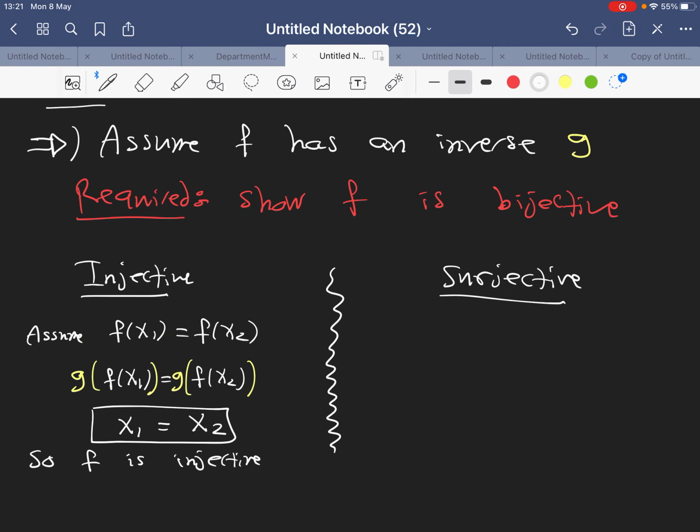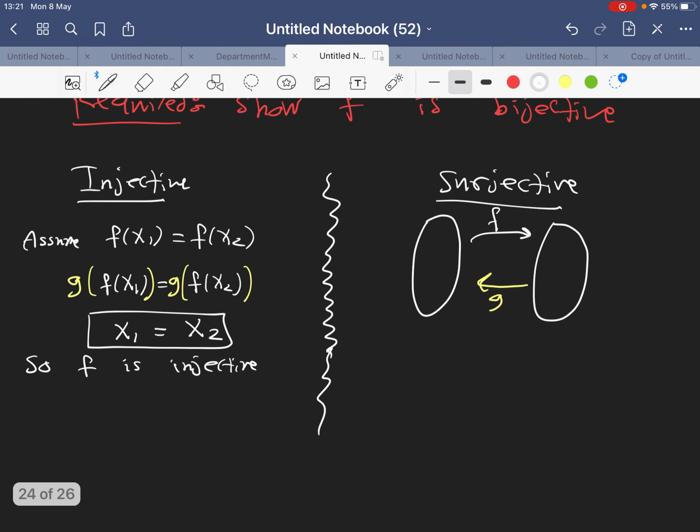On the other direction, let's prove that the function is surjective. To prove a function is surjective, as usual, I have f here, and I have g here. How do we prove the function is surjective? There are steps to follow for surjectivity. The first one, we will say, let y be in B. So this is y, this is A. This is step number 1.